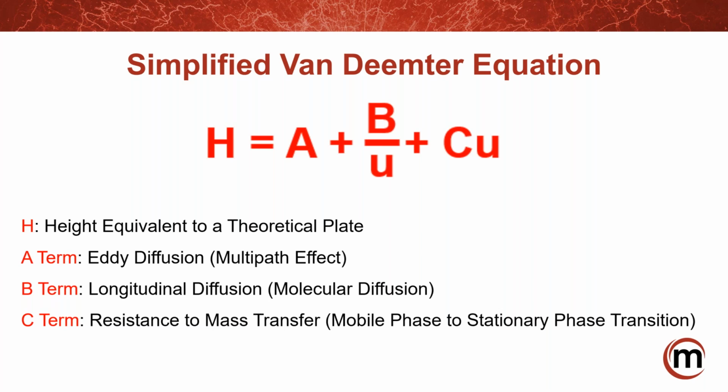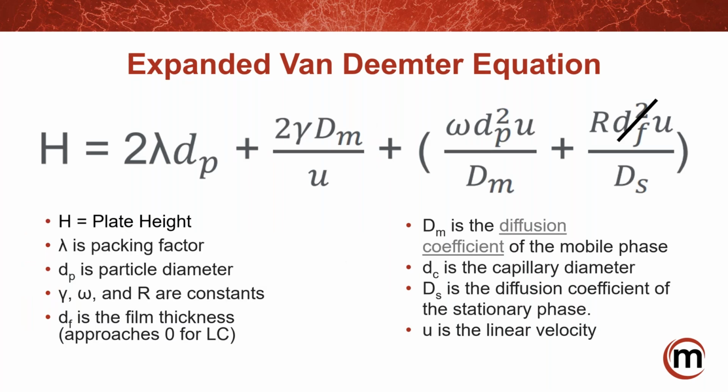And then your C term is this term called resistance to mass transfer, how much resistance the analytes get going in and out of the pores of the packing material. When I talk about this, I like to actually show the expanded terminology because it at least gives a better sense of what is being acted on in the chromatographic technique.